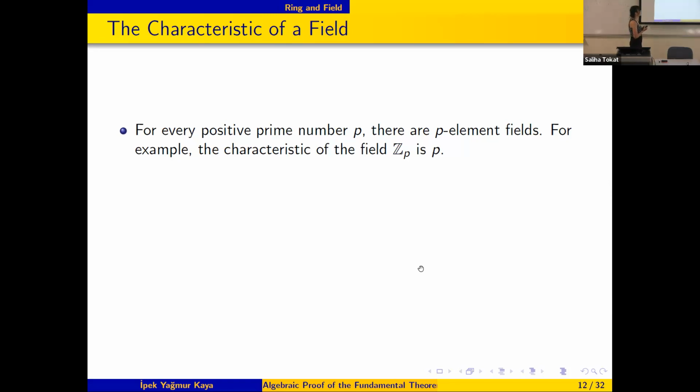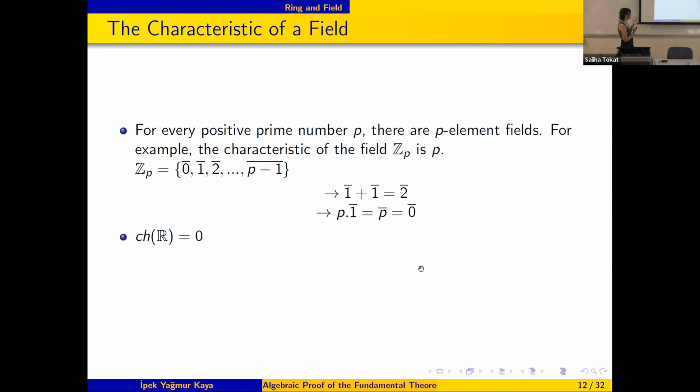For example, Z_p consists of 0 bar, 1 bar, 2 bar, all the way up to p minus 1 bar. If we take 1 bar plus 1 bar, it is equal to 2 bar. And now if we add 1 bar to itself p times, it is equal to p bar, which is equal to 0 bar. So the characteristic of the field Z_p is p.